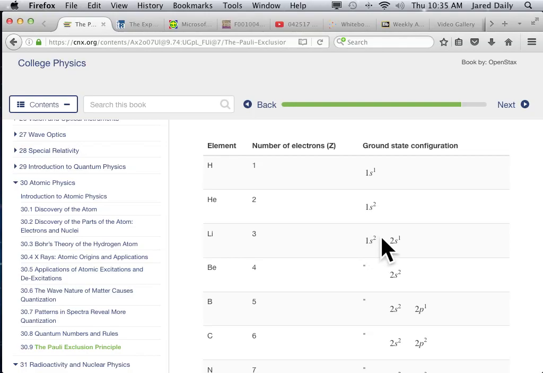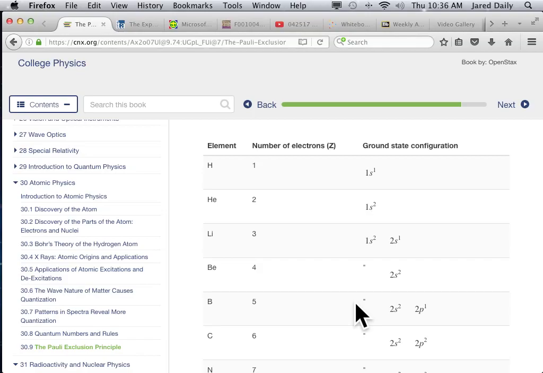There we go. And then beryllium, which is the next one, has the 1s2 electrons, which helium and hydrogen also have, but it also has 2s1 and 2s2. That's beryllium. So 1s2, 2s2 takes you to beryllium, right? And 2p1 gets you to boron.